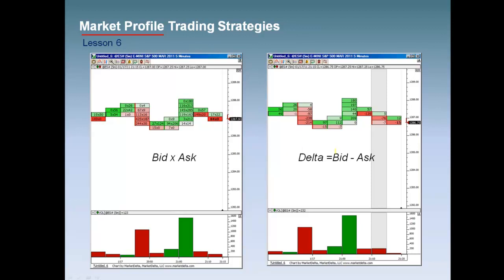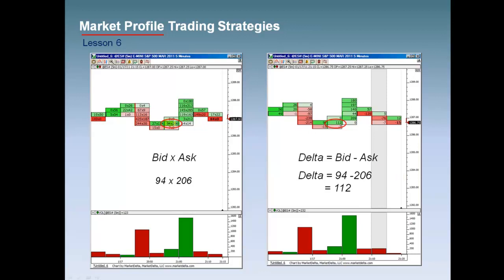On the right-hand side, the chart is showing me my delta, and on the left-hand side, it is showing me bid and ask. So let's take an example here and pick a number and show how we actually calculate the delta. Let's take a look at this cell here.